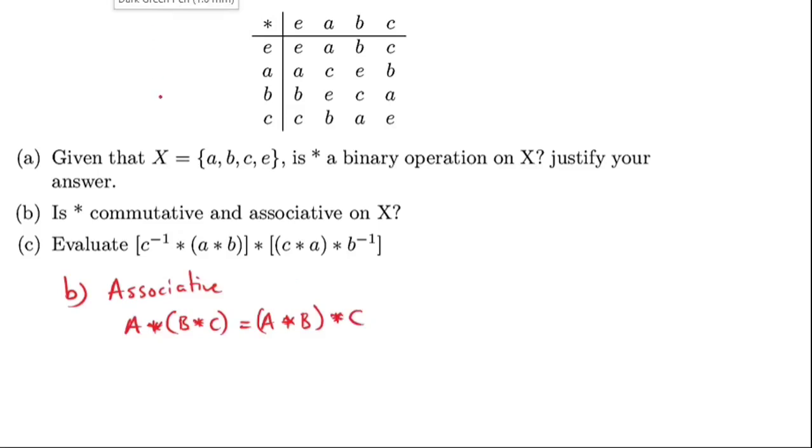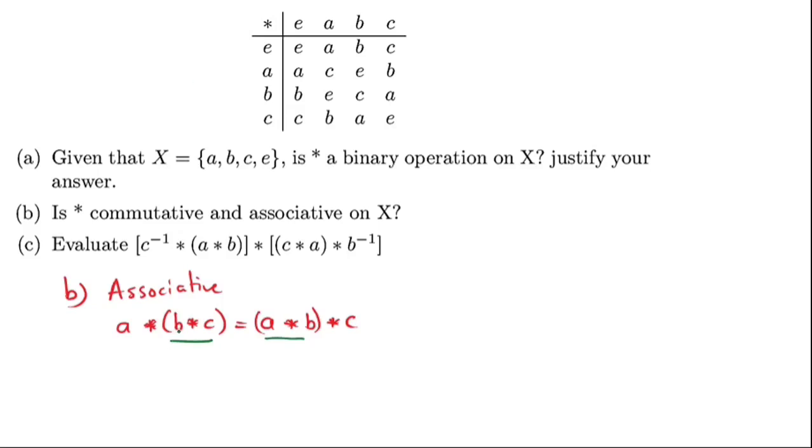I just want to use small letters instead, because big letters will represent sets. So let's say a star (b star c) must be equal to (a star b) star c. So this must hold. Let's first start by finding the bracketed parts.